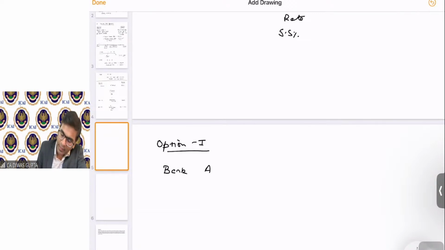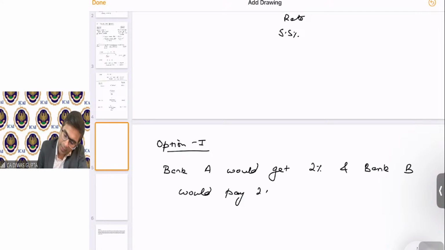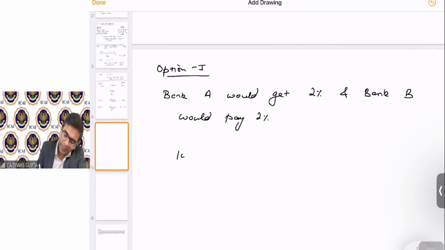Bank A would get 2% and Bank B would pay 2%. Now, how will this get calculated?